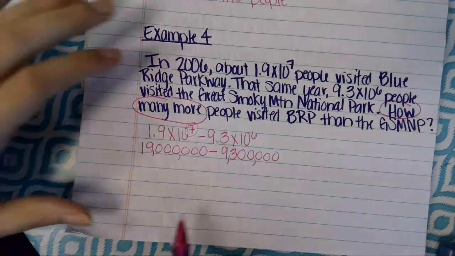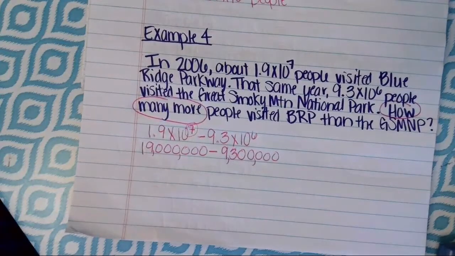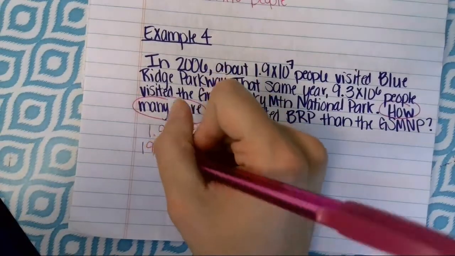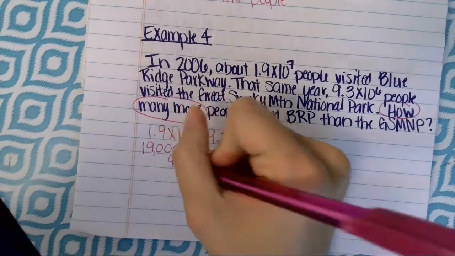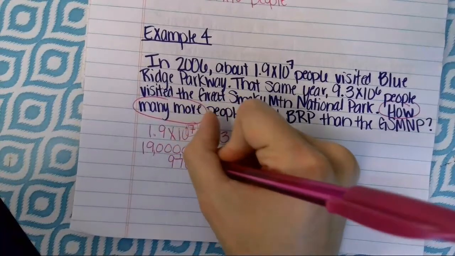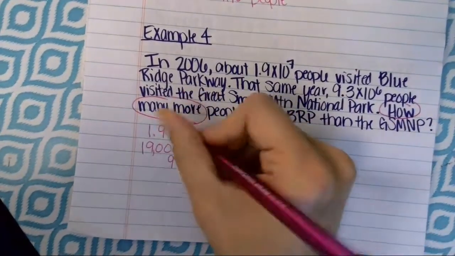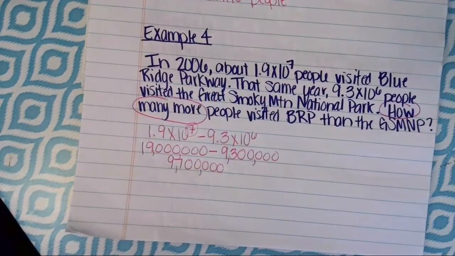And then I'm going to subtract. When I subtract these, I get this number. I'm going to put some commas on there to make it a little bit easier to read.